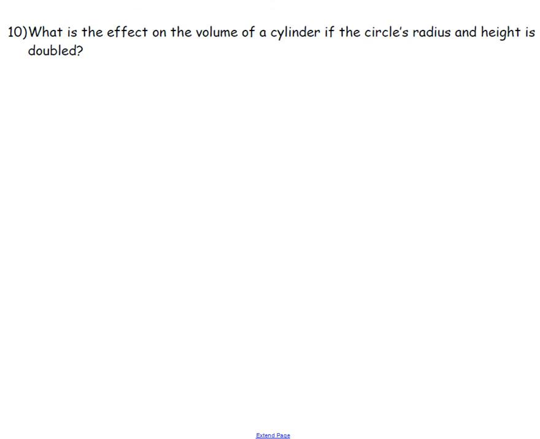Right, number 10. What is the effect on volume if the radius and height are doubled? So if we double both the radius and the height, what can we say? We have a scale factor of 2. Okay? So then we want to know what happens to the volume. Do we have a formula for that? Say yes.